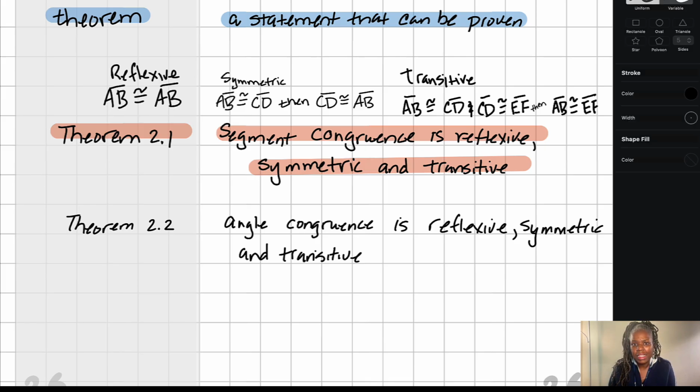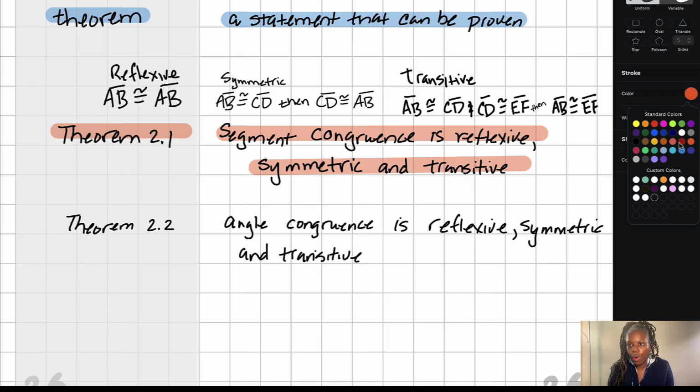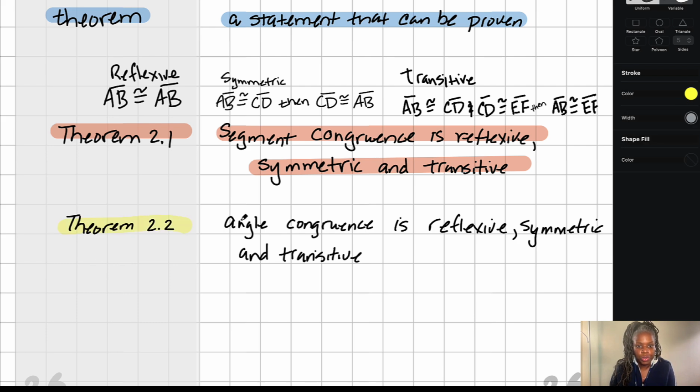And honestly, guys, that's going to be true for your congruence when you're dealing with angles as well. In theorem 2.2, if you have angles that are congruent, they also relate in a reflexive, symmetric, and transitive way.